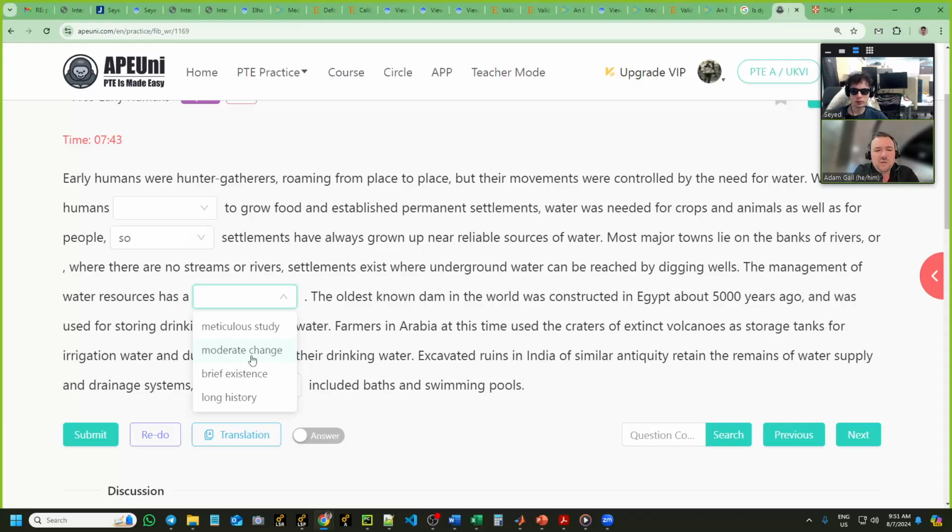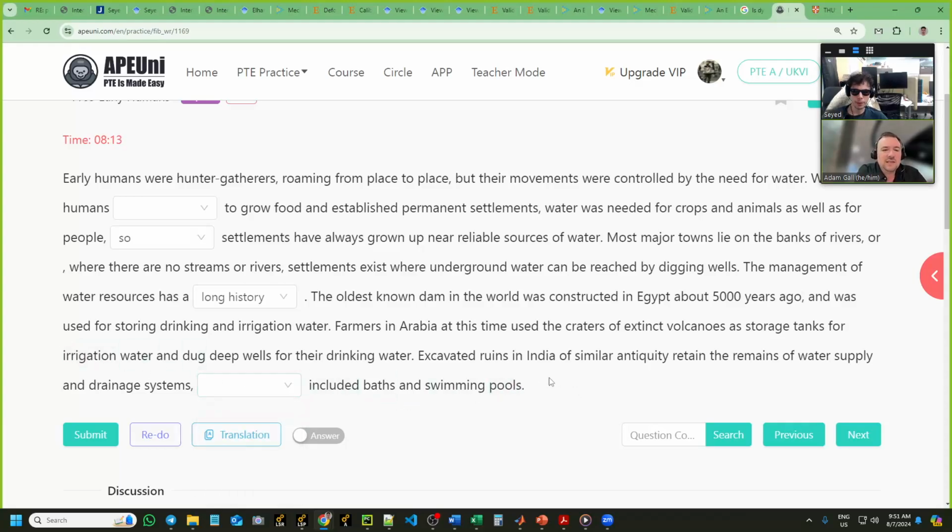So the first two are just not things that the management of something can have. They're things that the management could require or could need or necessitate. If you wanted to use moderate change, we should say require moderate change. You could say the successful management of water resources can require moderate change of something. But it has a history of some duration.